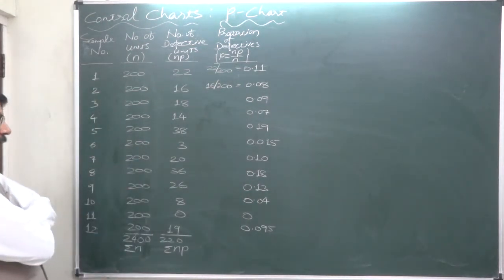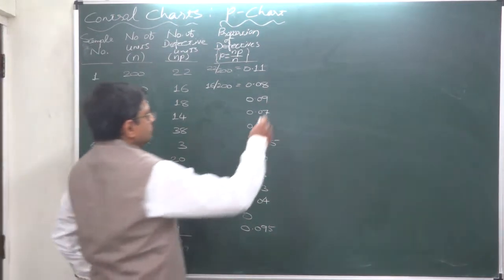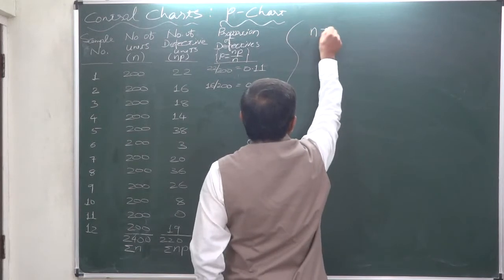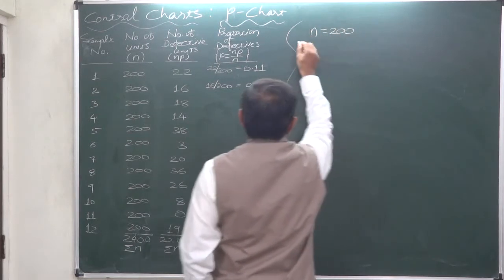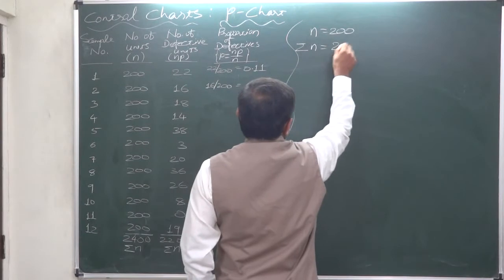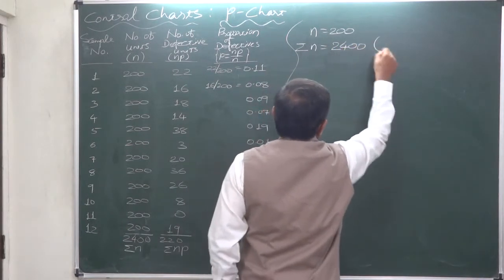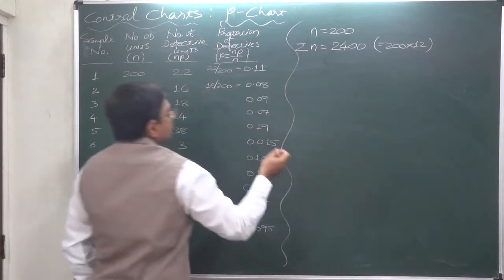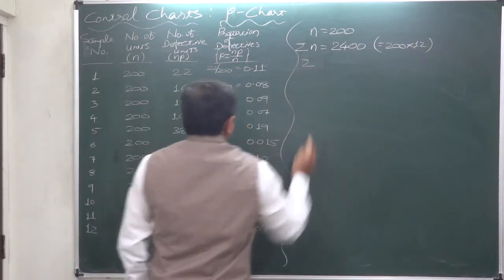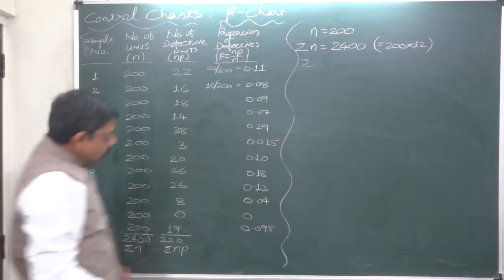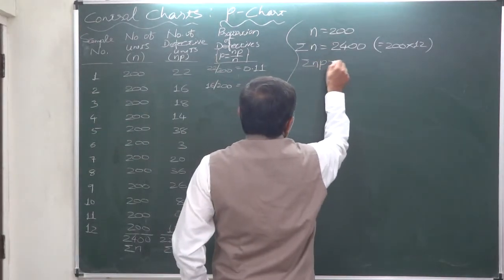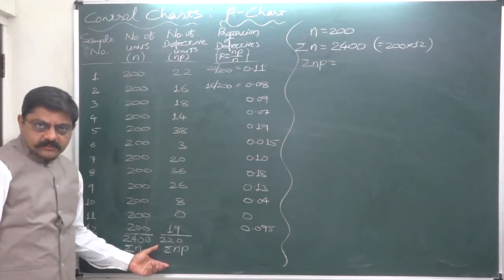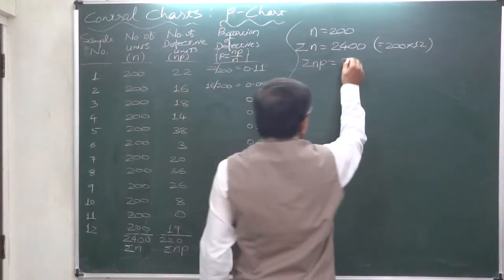Now, first of all, we know that the sample size is 200 for all samples. Total for 12 samples comes to 200 into 12, that is 2400. That we shall use to calculate P bar. Sigma NP, that is the total number of defectives in all the samples, is 220 here.